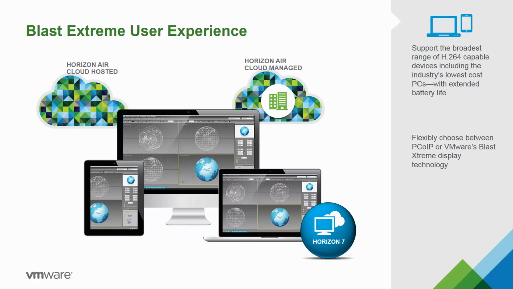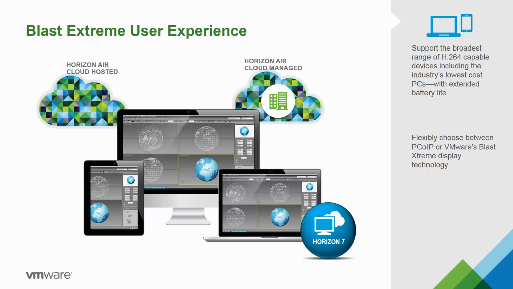Also new to Horizon 7 is the expansion of our display protocol portfolio with our new Blast Extreme protocol. Our Blast Extreme display technology is purpose-built and optimized specifically for mobile cloud. Built on the industry standard H.264 protocol, Blast Extreme supports billions of devices that are already H.264 compatible.